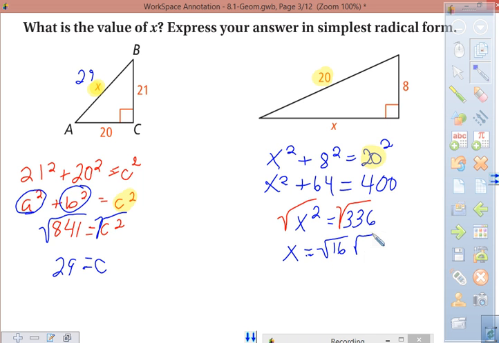So that's 16 times 21. And 16 is a perfect square, so this reduces to 4 root 21. And yes, you do have to have it in simplest radical form. That's why we did the lesson we did yesterday.